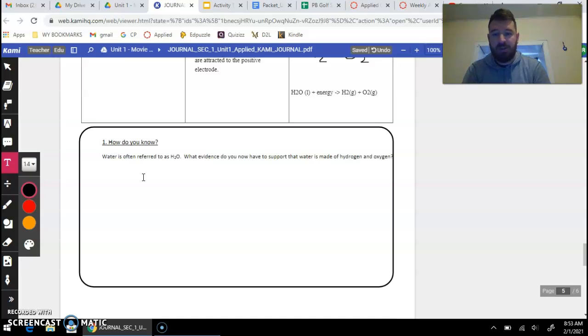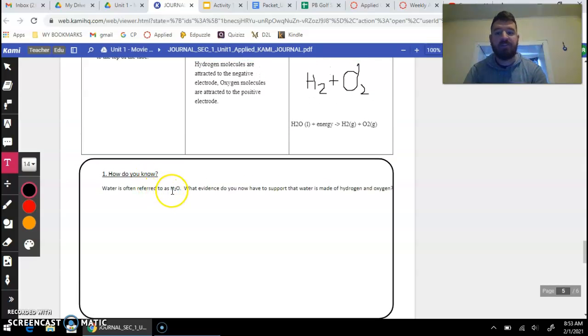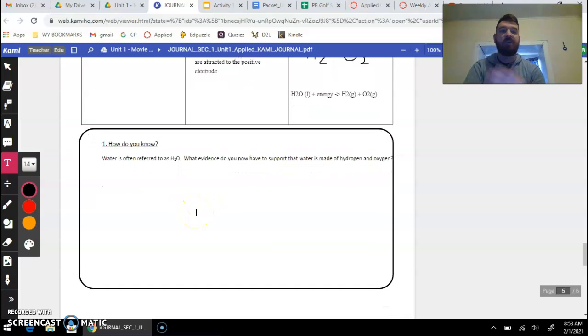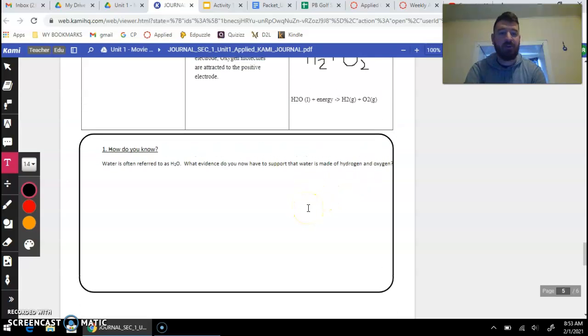Did you notice the certain levels of the gas being created at a faster or slower rate? Did one of those point towards that ratio that we have of hydrogen to oxygen? Did we test those gases, and what were the results? Did that help us prove that those gases were what was making up water? So you want to be referring back to that.